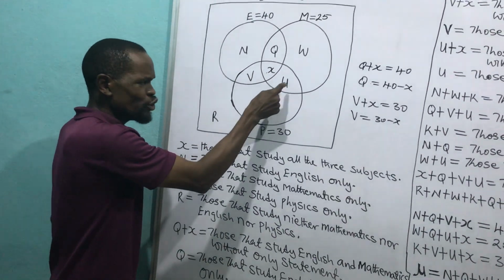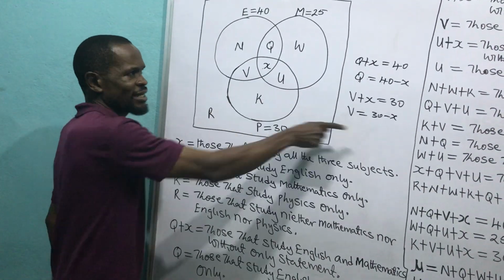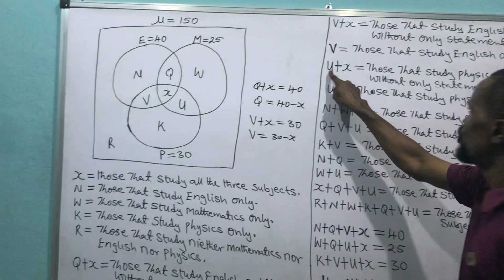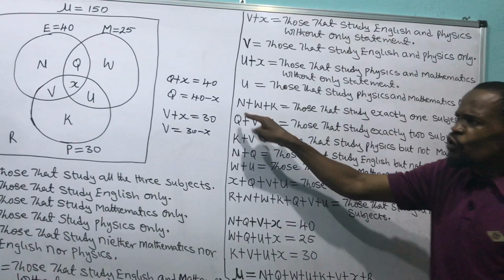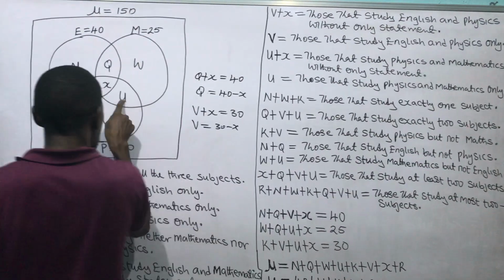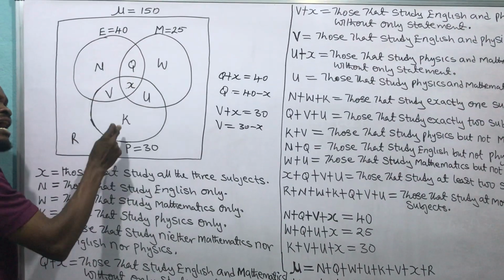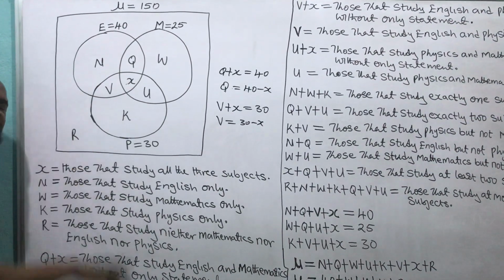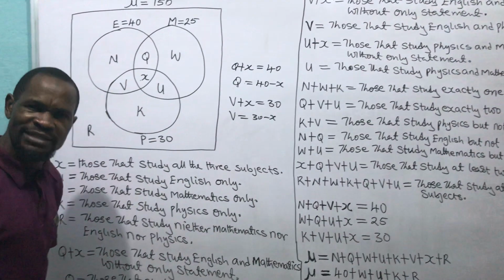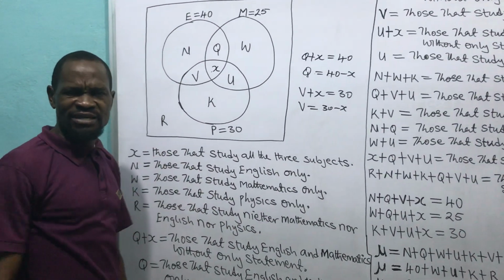X plus V, that's U plus X. If you look at it, we have put it U plus X. Those that study this U plus X, those that study mathematics and physics without only statement. I didn't put only statement there.